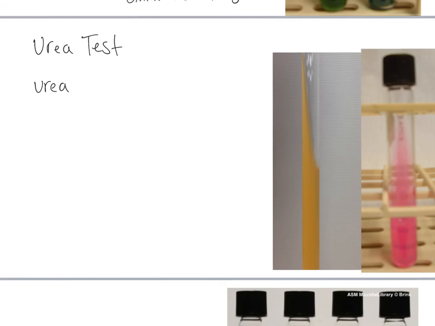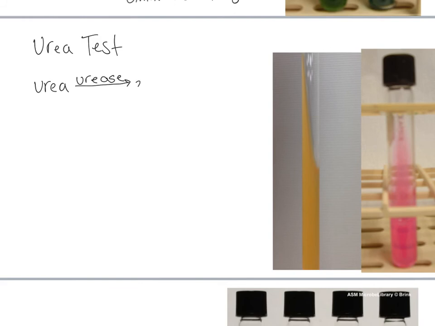For organisms that cause ulcers and can live in that low pH environment of the stomach, like pH 2, if they can produce urease and break down this waste product urea into some really alkaline end products, they can make a little environment for themselves that's not so acidic.